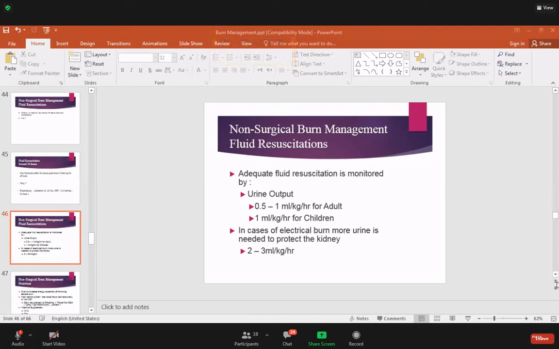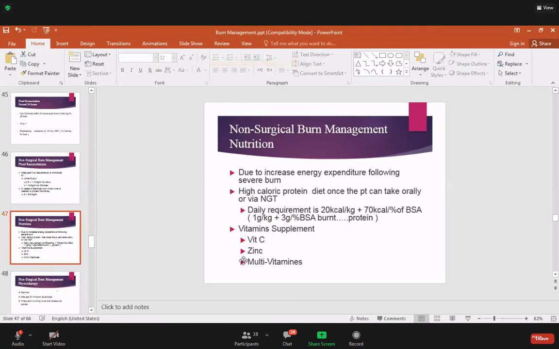For electrical injury, we want to flush the kidneys and make them safe from damage, so we overhydrate the patient, and our response is a good urine output of about 2 to 3 ml per kg per hour.